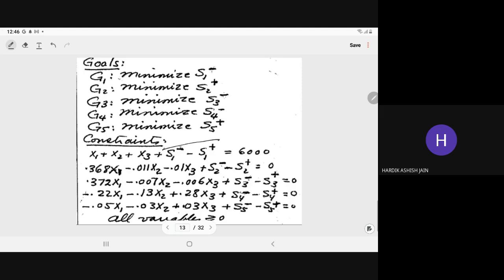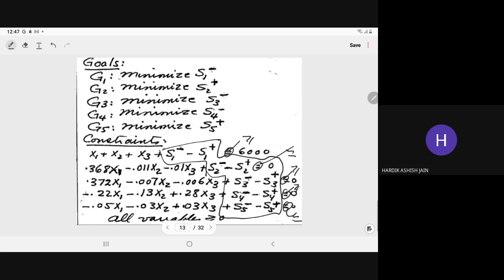So when we solve, initially it is greater than equal to, it is less than equal to, it is greater than equal to, it is greater than equal to, it is less than equal to, right?